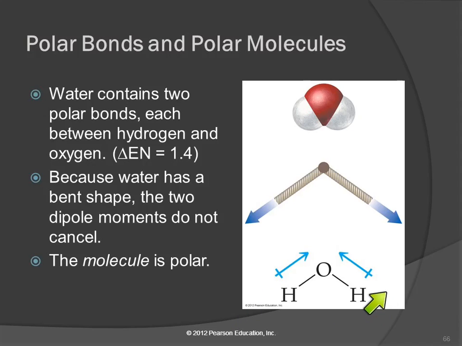And this one points in that direction. One way we can think about this is by separating this vector into two vectors, because this is going at an angle.